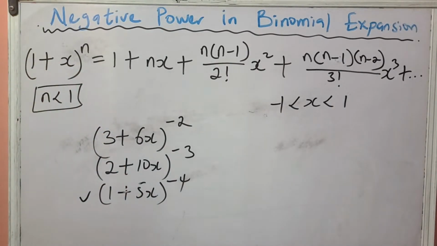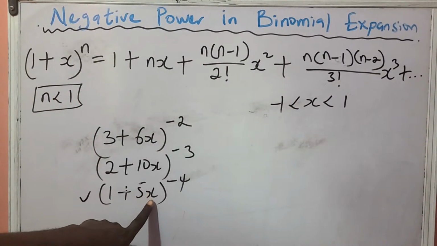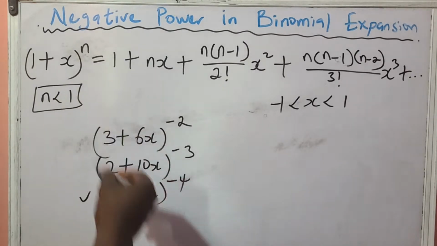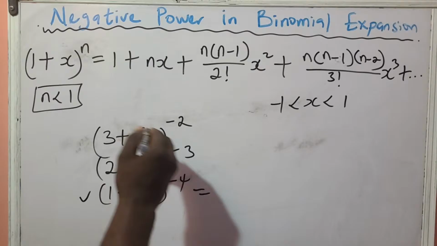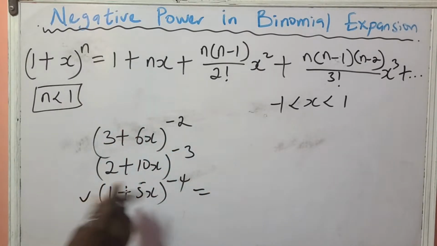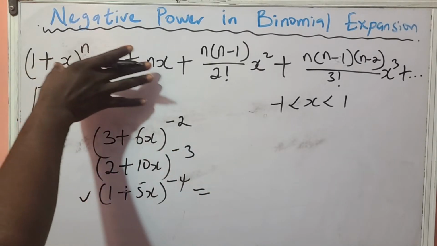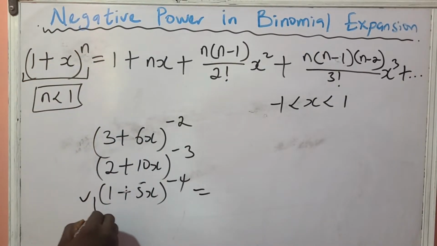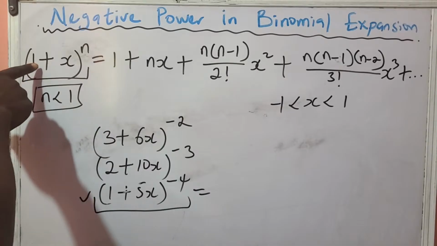Now, we could have 3x. What happens if we had 3x? Let's say we had 5x in this case. What will happen if we have 5x or 3x or whatever x is, if you were going to write for this third one now, of course, this is the only one that conforms to this notation because you can see it has 1 as the first value.